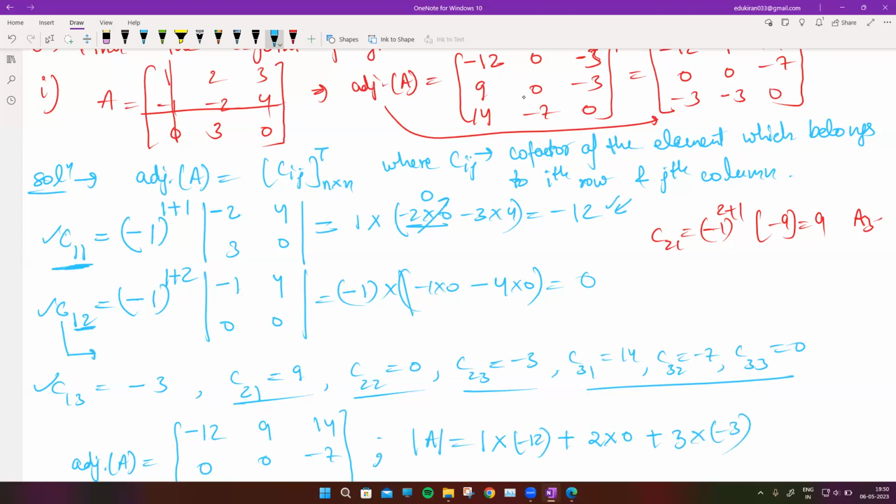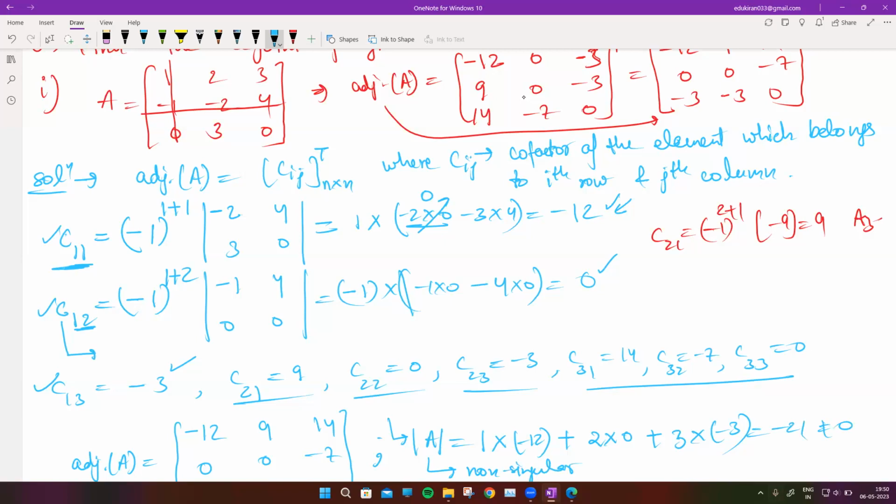You can check these cofactors for the first row. I'm just multiplying every element by its cofactor and taking the sum. That would be the determinant value for any row or any column. This should be -12 - 9 = -21, which is not equal to 0. Hence, A is non-singular.